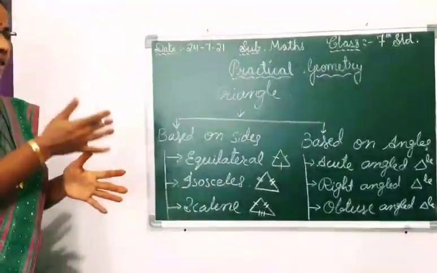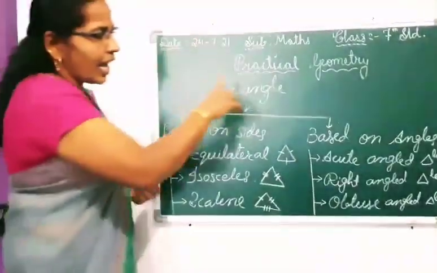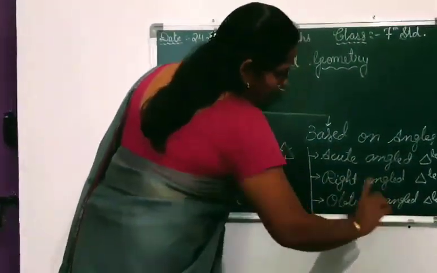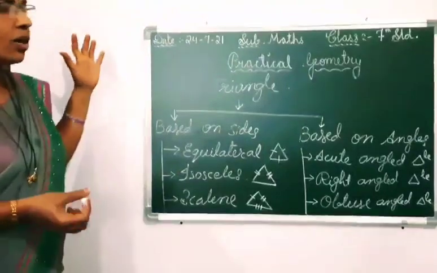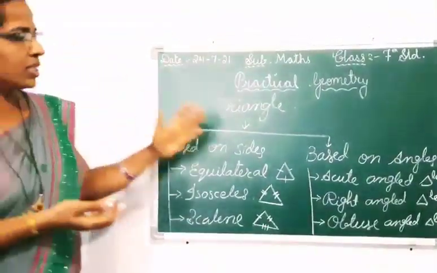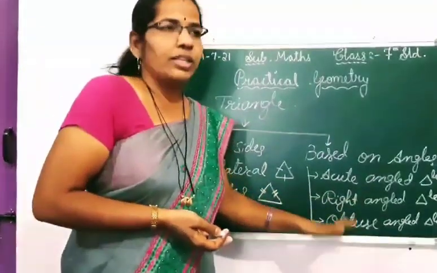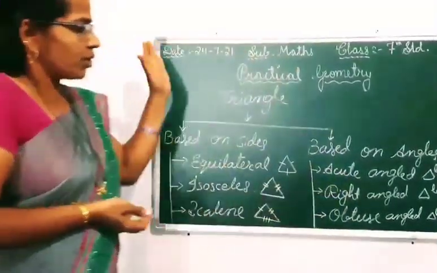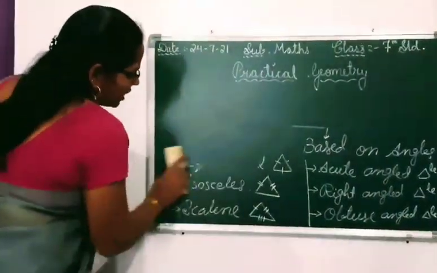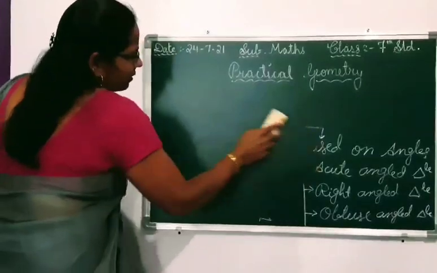Later I will explain the acute angled, right and obtuse triangles, because without knowing the basic meaning of acute, right, obtuse, you are unable to understand this.